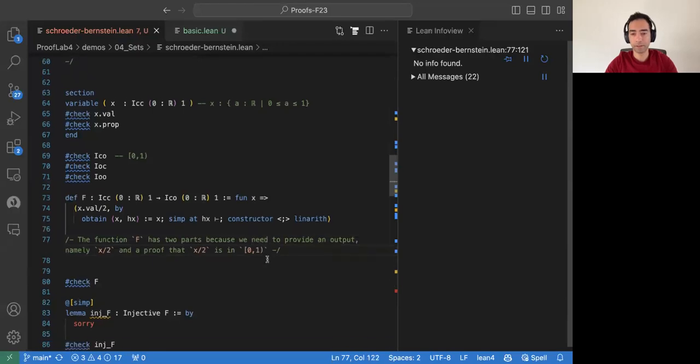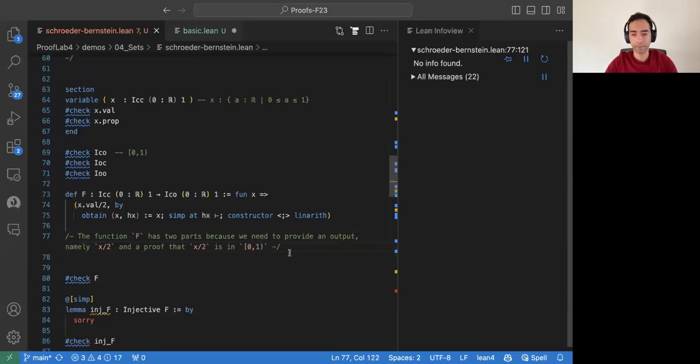Does this make sense? Wait, sorry. So there's like multiple layers of square brackets going on. There's the yellow ones, which is the yellow ones that we're talking about. The first part is the value, and the second part is the proof.